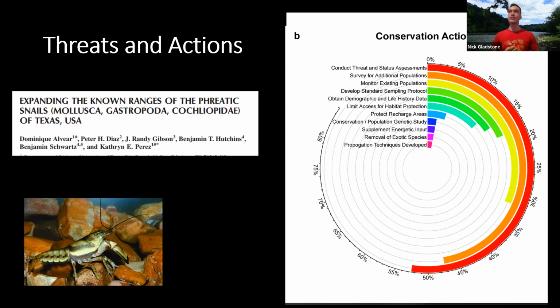How far does it move? How much does it reproduce? How often does it reproduce? How large are populations? How many individuals of a population do you need to carry on an effective genetic lineage of any one of these species? What are potential genetic concerns?